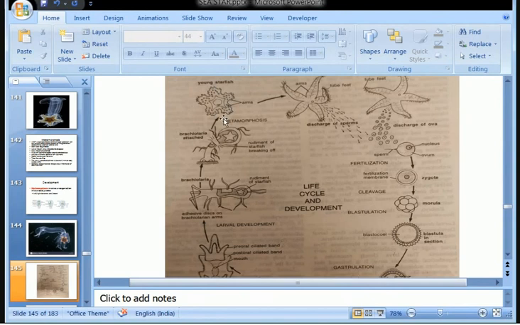At first, the arms are small, then the arms elongate, and structures develop in them. This is the primitive water vascular system. Then they develop, achieve reproductive maturity, then gonadal development, then formation of gametes and the release of gametes.